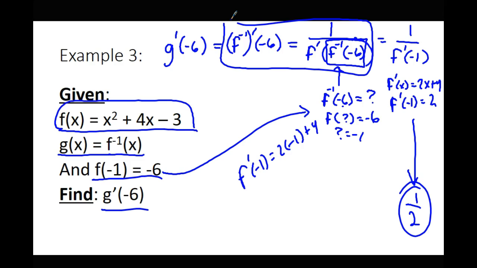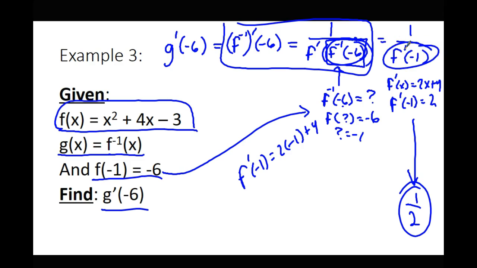So, like this whole thing about g, that's new. They're going to rename the inverse with another letter. That's fine. We're just going to go back to what we know. And then from there, we do our formula. That's the real meat and potatoes. From there, you got to think about it. We had to figure out that that was negative 1. And then we had to figure out how do you get f prime of negative 1, right?